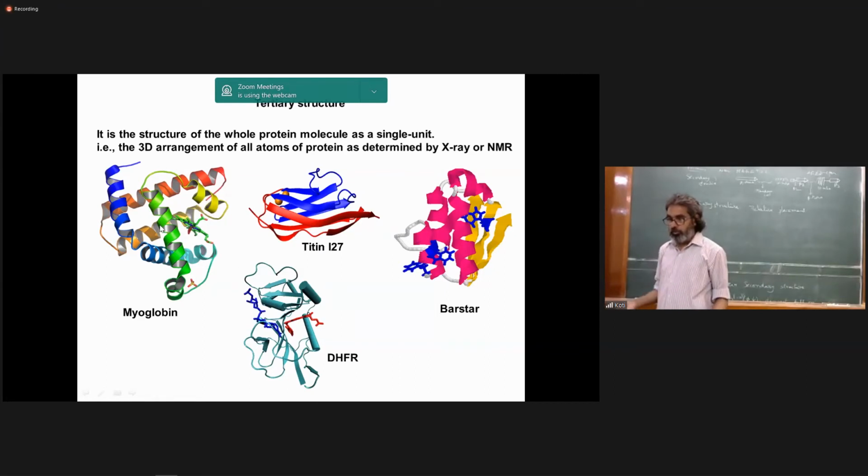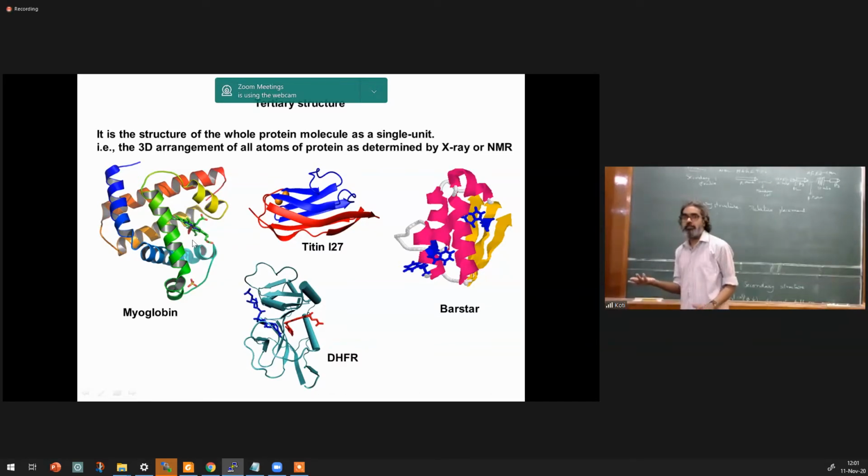Can you tell me what secondary structural elements it has? In myoglobin, all are alpha helices: the blue helix, the green, orange, yellow, cyan, and whatnot. There are a couple of helices, 5 or 6 helices.